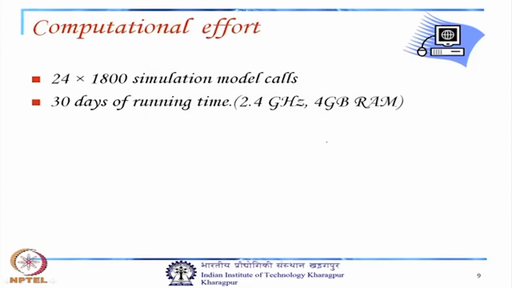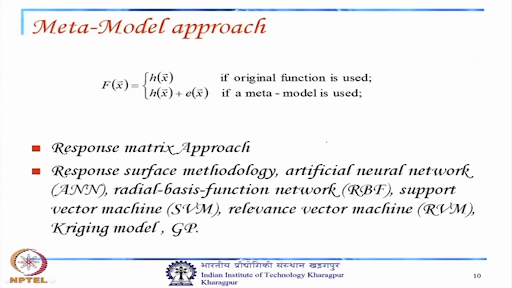So, it took around 24 into 800 simulations, and it took 30 days of running time. So, the problem is that running time is a problem for linked simulation optimization. So, what can we do? We can use a meta model based approach for management purposes.